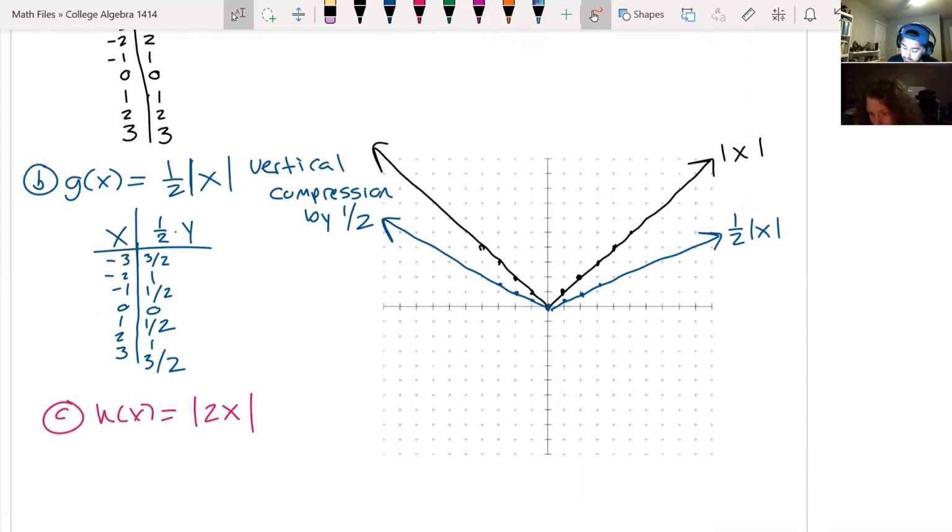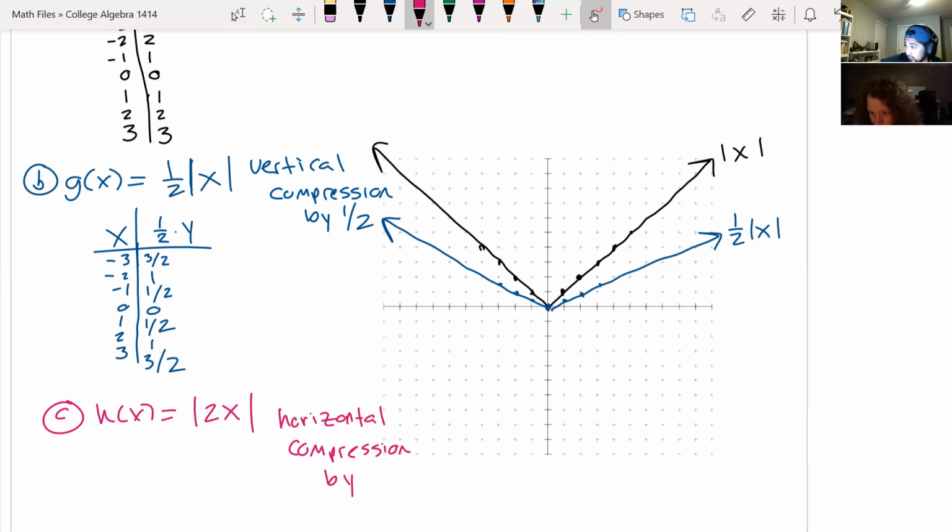All right. And this one will be the horizontal compression by what factor? Would it be a 2?